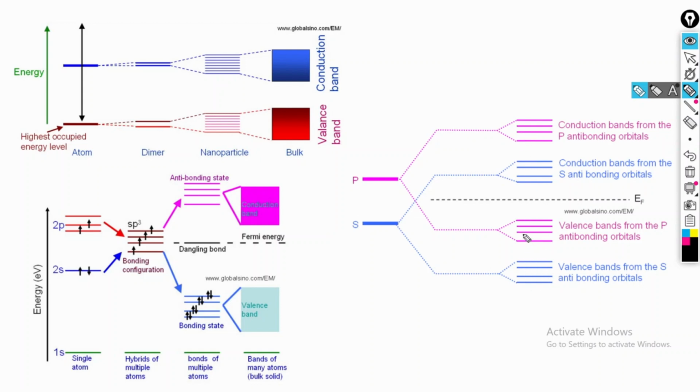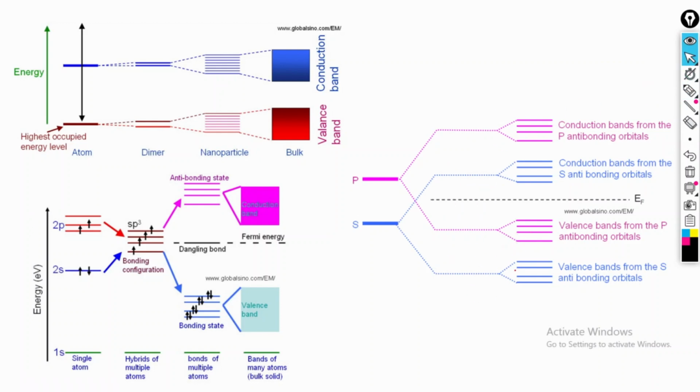Similarly, it also makes an energy band. This energy band has higher energy; we call this the conduction band, and this is the valence band. The energy difference between these two bands is called the band gap.